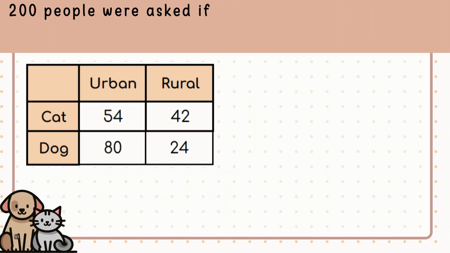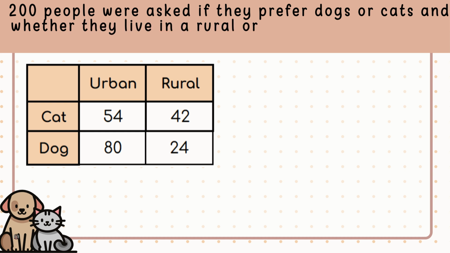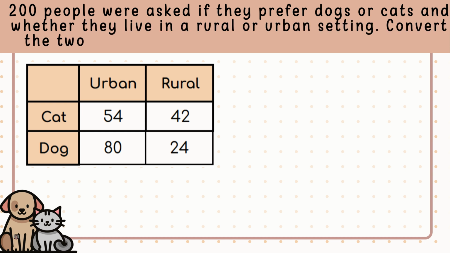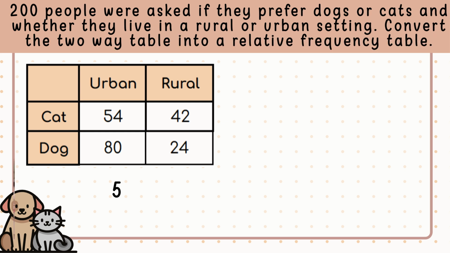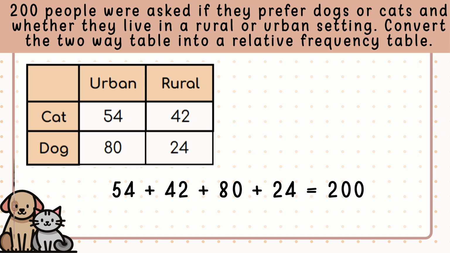Here's one last example. 200 people were asked if they prefer dogs or cats and whether they live in a rural or urban setting. We'll convert the two-way table into a relative frequency table. This time we'll find the total of the entire table, so we'll add up all of our values, which gives us an answer of 200. We'll start by dividing 54 by the total of 200, which gives us an answer of 0.27, or 27%.